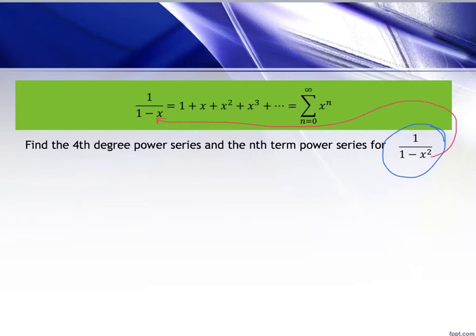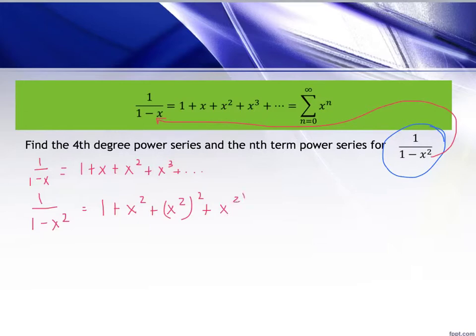So we'll start with the one that we've been given here. 1 over 1 minus x is 1 plus x squared plus x cubed, and so on. So 1 over 1 minus x squared would say replace every x with an x squared. So I get 1 plus x squared plus x squared squared plus x squared cubed, and so on.